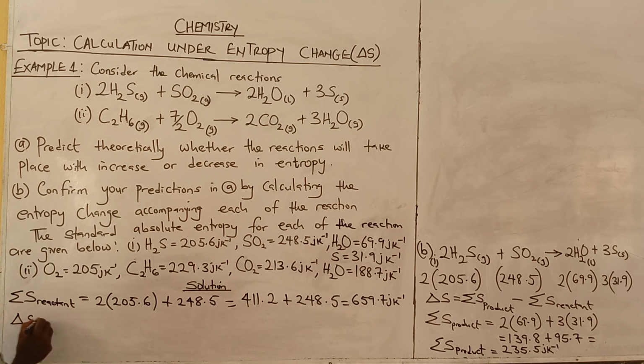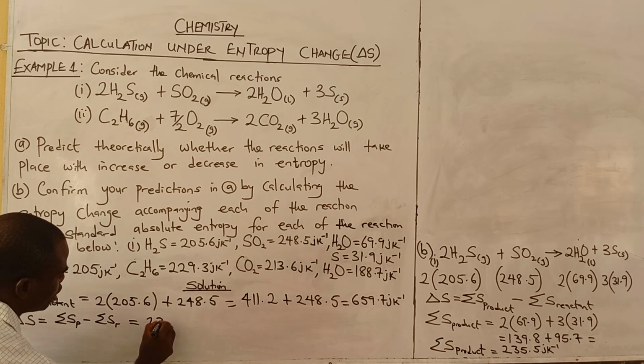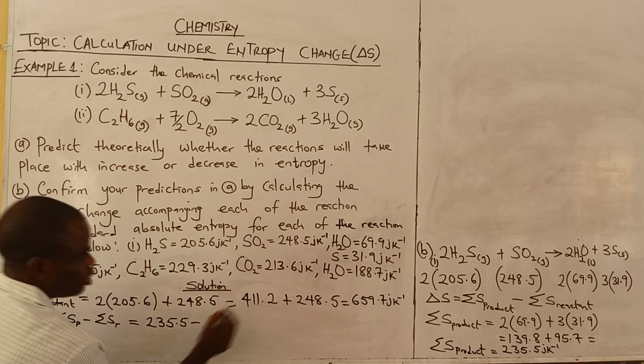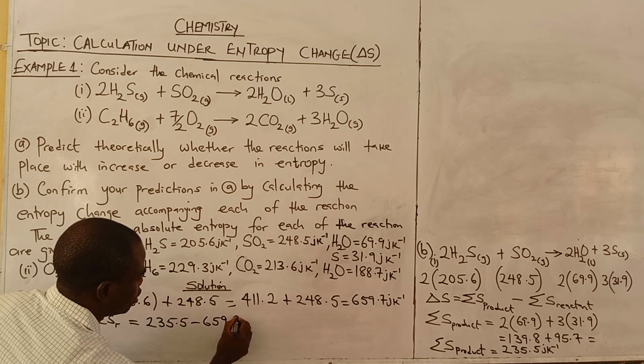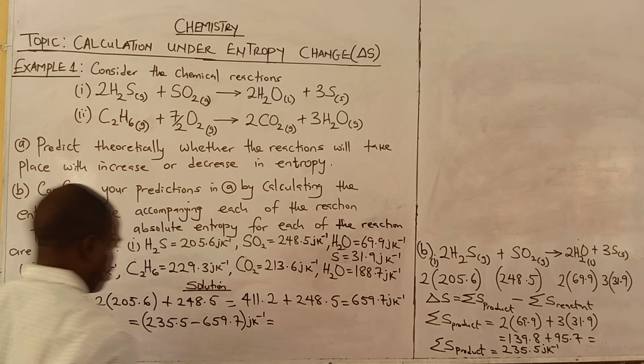Now let's get the subtraction. Change in entropy is summation of the entropy at the product minus summation of the entropy at the reactant side. We have that of the product to be 235.5 minus the reactant 659.7 joules per Kelvin.